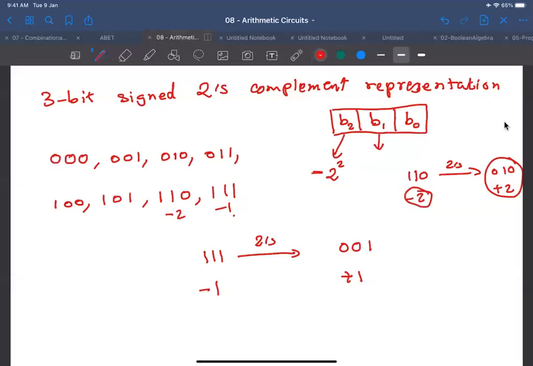And this bit has a positive weight of 2 to the 1. And this has a positive weight of 2 to the 0. So you can right away convert this number to its decimal value by following this conversion. So this is going to be -4 plus 1, which is -3. And this one here is going to be exactly -4.